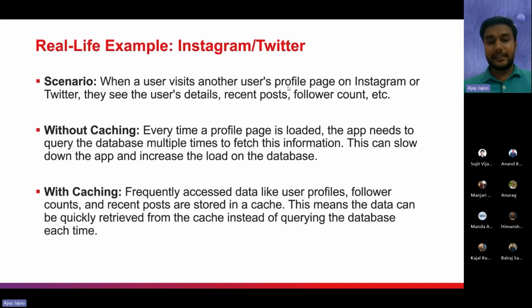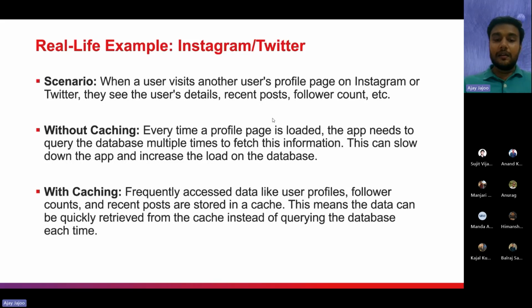If I'm not doing any caching, what will happen? Every time a profile page is loaded, the app will have to query the database to fetch all the information, all the posts, and the follower count. In this case, it will slow down our app and increase the load on the database.